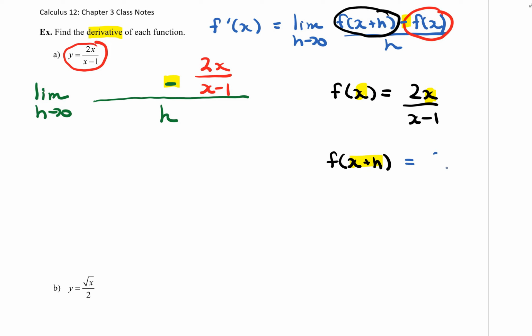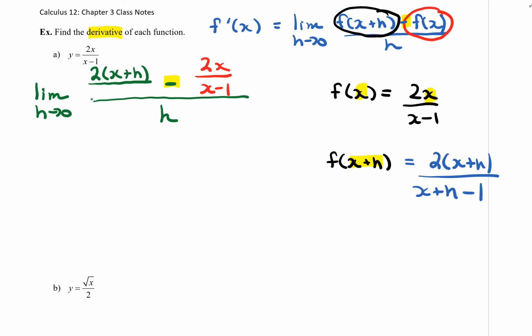So this would be equal to 2 bracket x plus h all over x plus h minus 1. Okay, so if I go back to the problem here, I would just write this as 2 bracket x plus h all over x plus h minus 1.